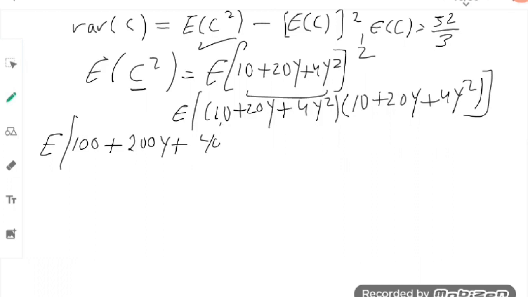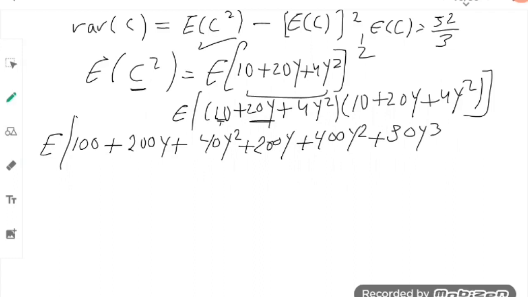Plus here we will multiply each term of those by this bracket. So we finish 10, we'll move to 20y. This will give us 200y plus 400 y to the power 2 plus 80 y to the power 3.